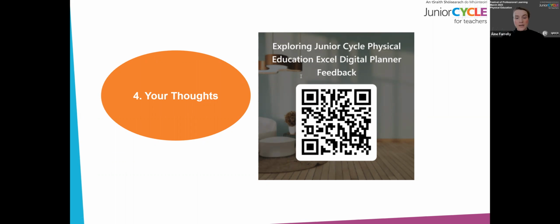So I suppose in response to that, and thanks so much for that question, Anne-Marie, obviously we are starting with this new specification for 135 hours with our first year students this September. And the idea of this planning tool is that it will follow them through their journey of junior cycle.